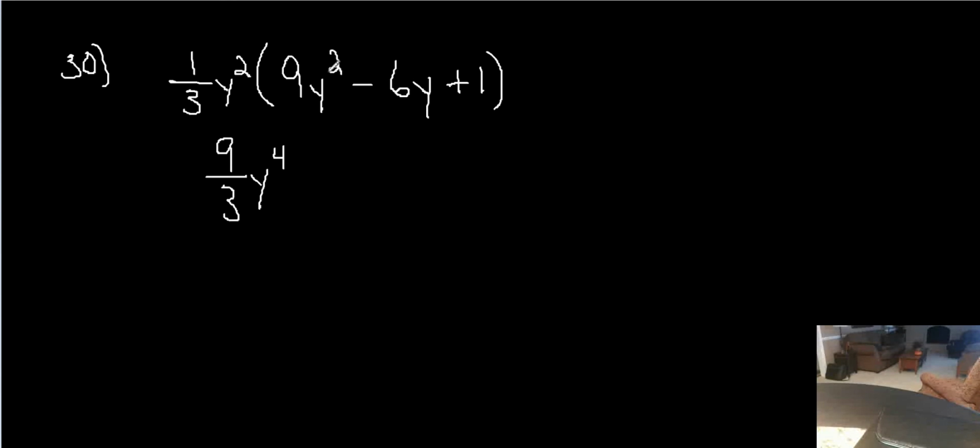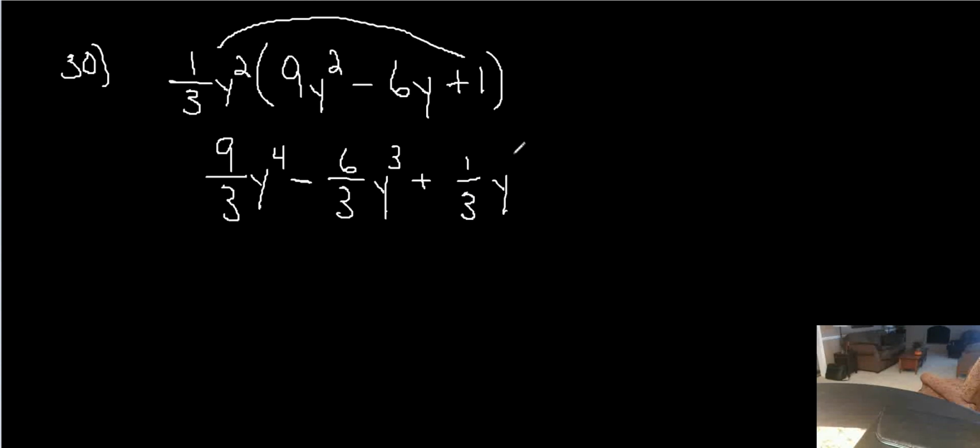Next, I've got 1/3 times negative 6, which is negative 6 over 3 y to the third. Y squared times y is y to the third. Plus 1/3 y squared times 1 is 1/3 y squared.